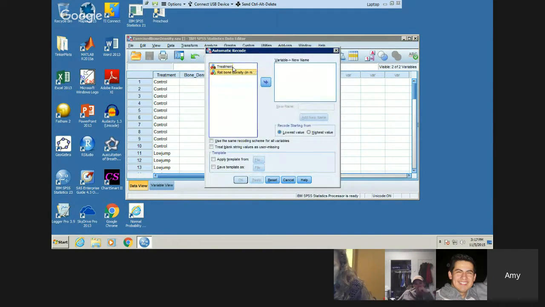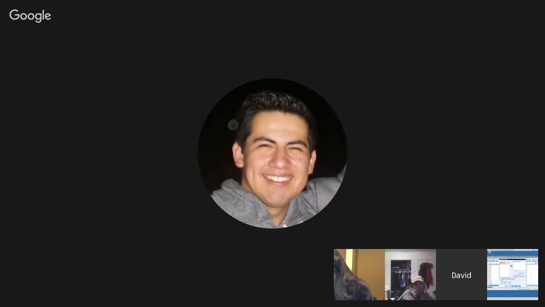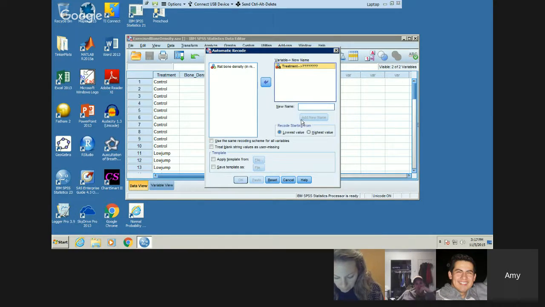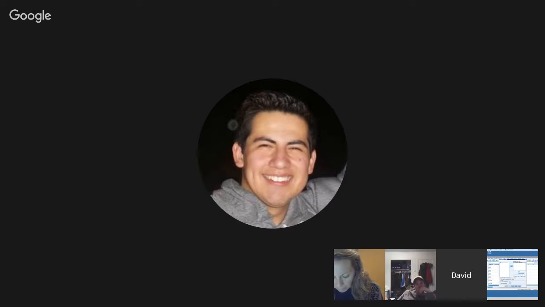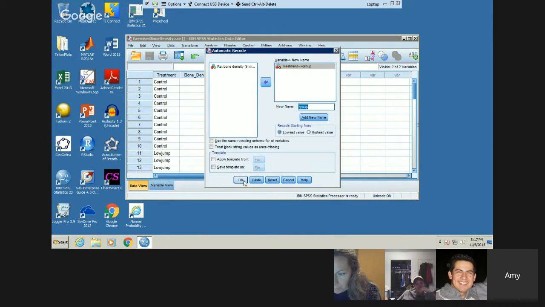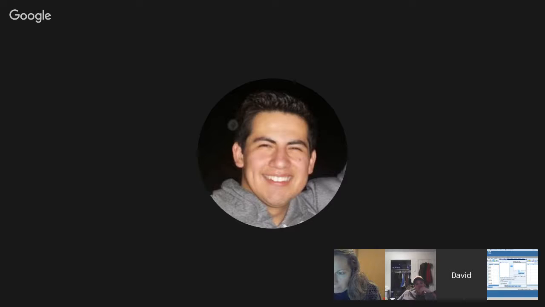Or is it the treatment that I'm recoding? I think it's treatment because the rat bone looks like it's already done. Yeah, the rat bone's numeric. The treatment's not. All right, we'll do that one. So, is the rat bone going in the dependent?